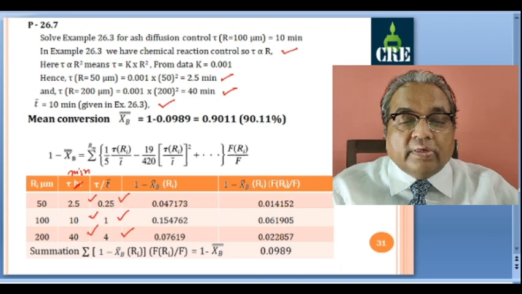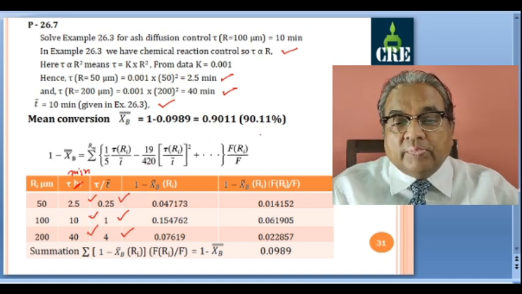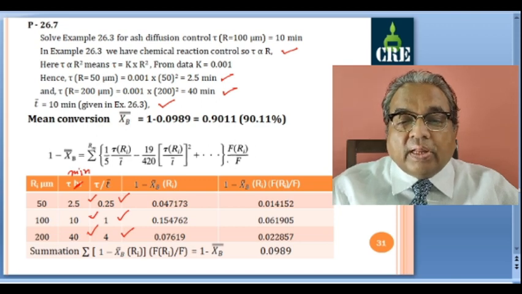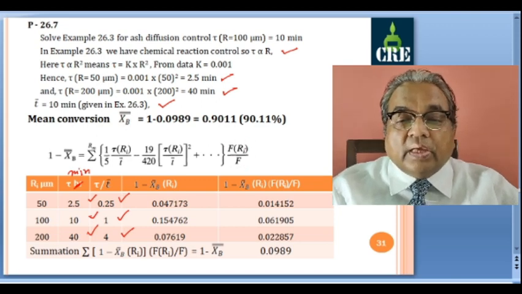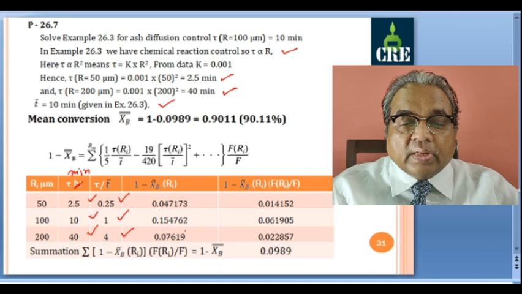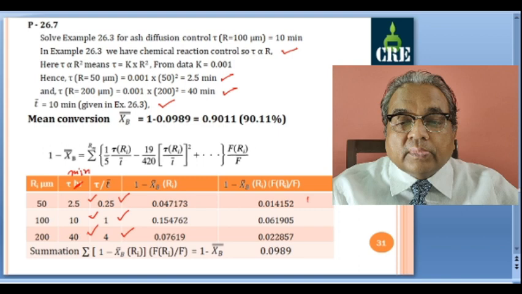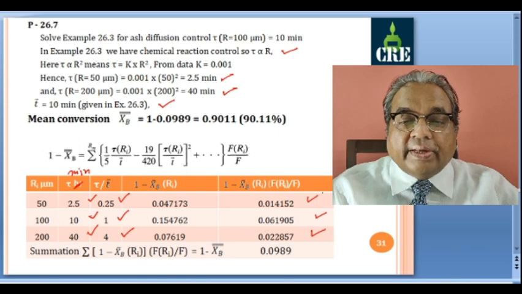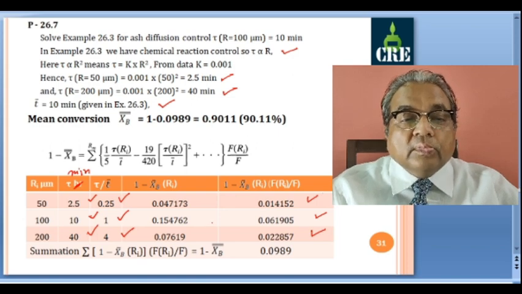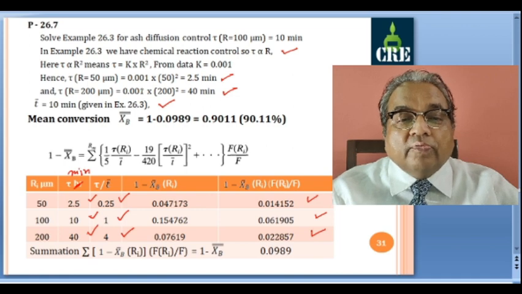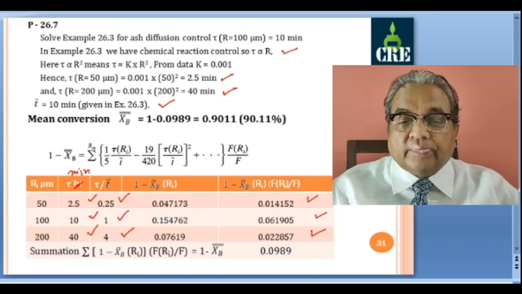For each size I am calculating this using this expression, and then for XB double bar, the mean conversion for all sizes, I will multiply each size by the fraction FRi by F. So first, in this calculation of 1 minus XB bar of Ri, I am getting these three values, and then I am multiplying by the corresponding FRi values. You can refer to the data from the book, that is of solved example 26.3.